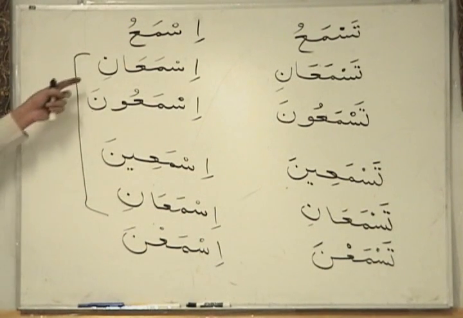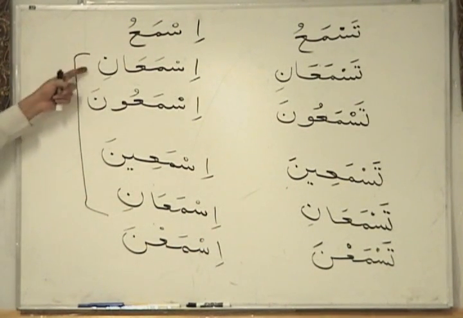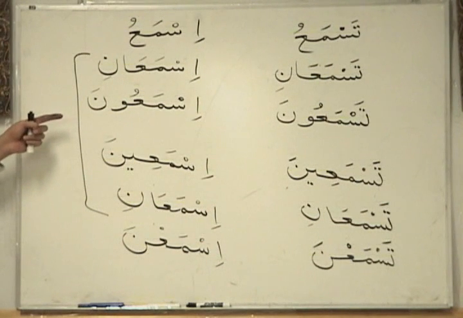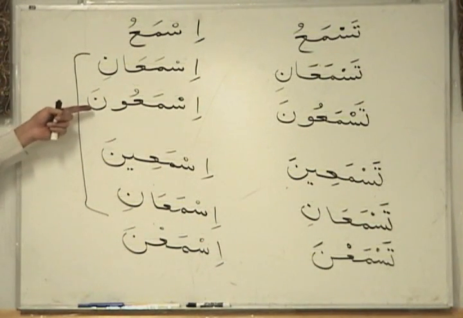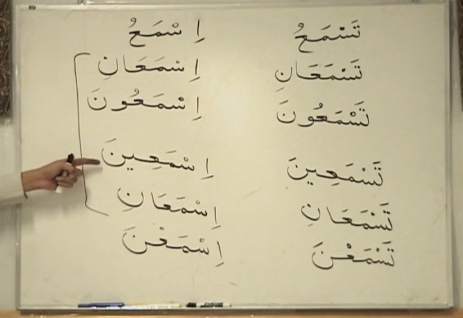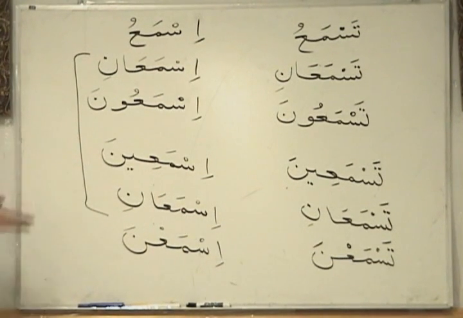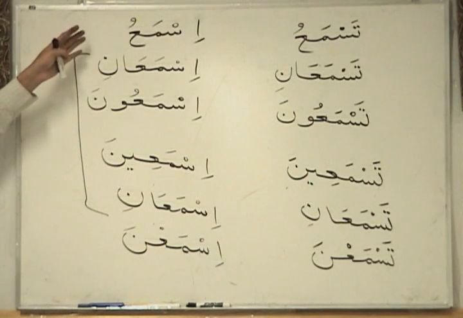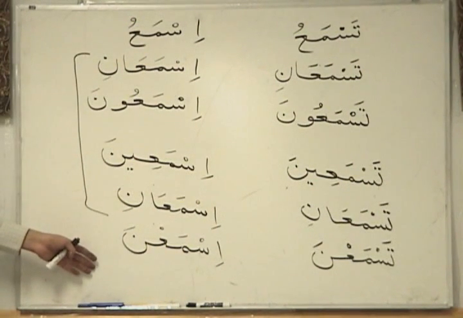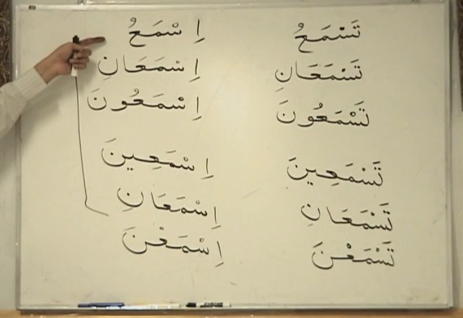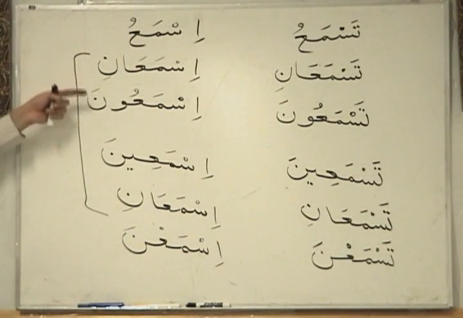The noon is either for dual, like in these two examples, or for plural, like in this example, or for singular, like in this example. Don't worry about what the noon is for. Thing to remember is make a chart like this: male, male, male, right?